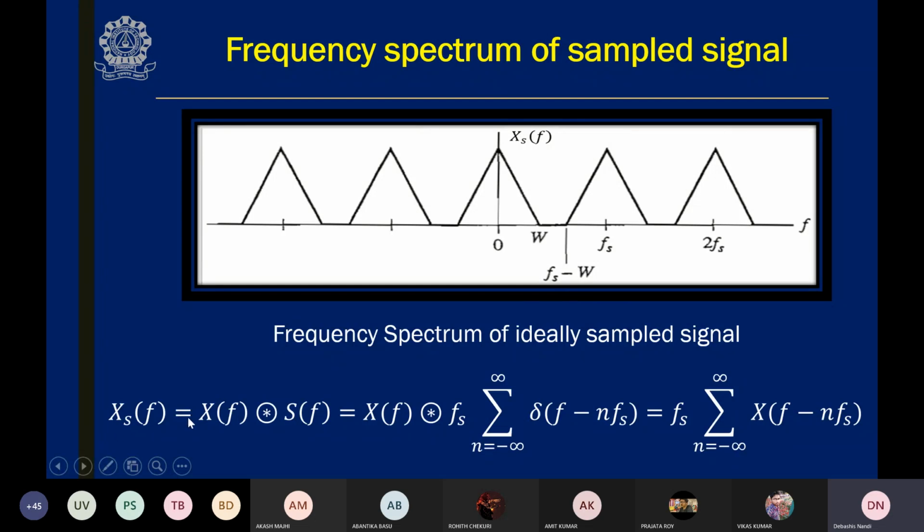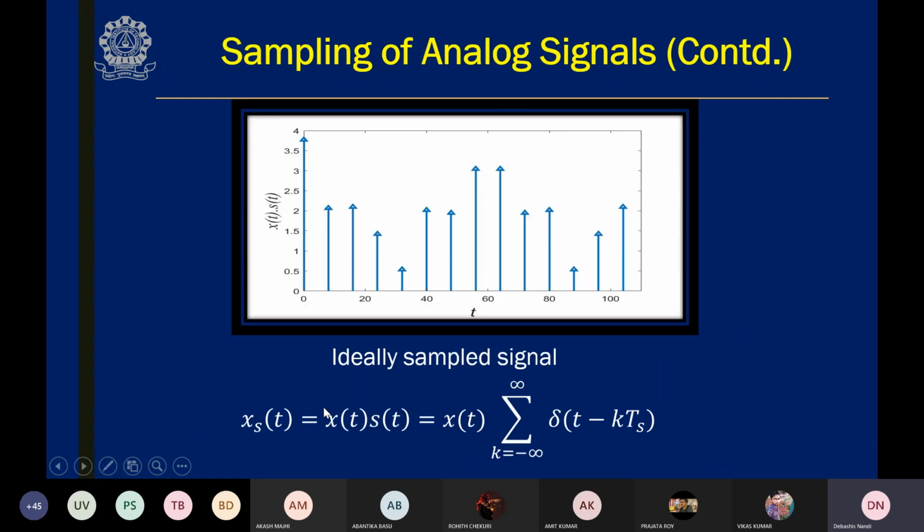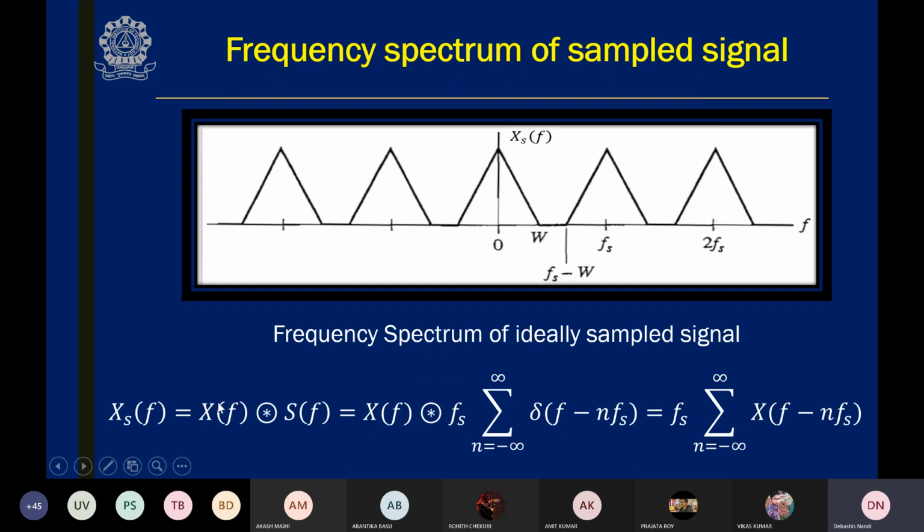This Xs(f) can be obtained by taking the Fourier transform on both sides. So Xs(f) is equal to X(f) convolved with S(f), because you know, if two signals are multiplied in the time domain, then after taking the Fourier transform, they will be convolved in the frequency domain.